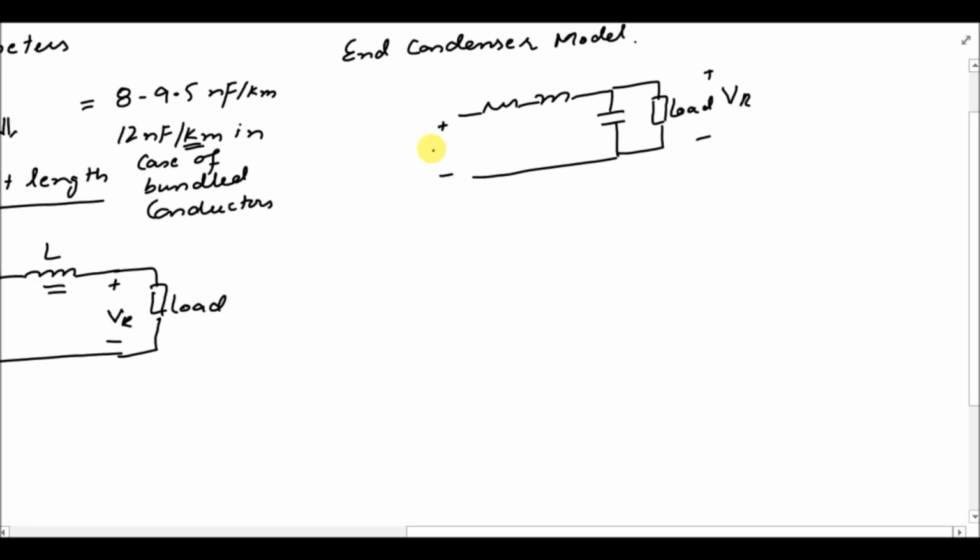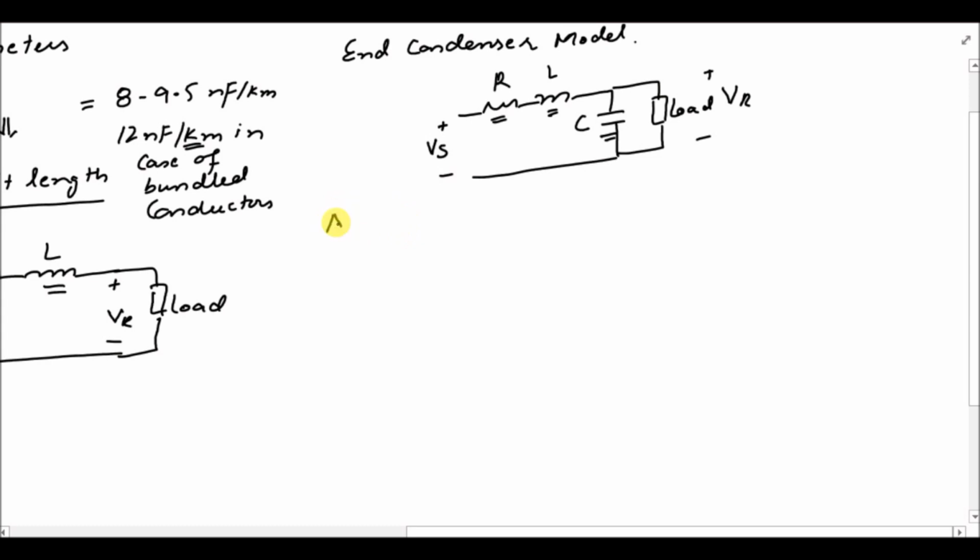At the sending end we have VS voltage and resistance and inductance. All the parameters of the line are lumped parameters. But in the end condenser model we are placing the lumped capacitor in parallel with the load at the receiving end. So this is the end condenser model of a medium transmission line.